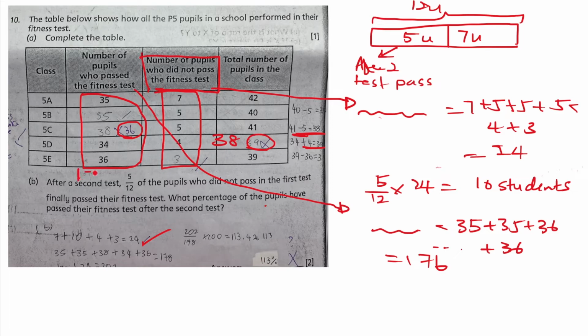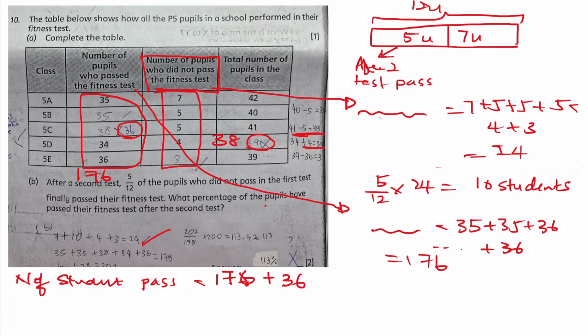So here is 176 students that passed during the first term, and then I have 10 more students that passed during the second term. So number of students who passed first time is what? 176 add 36.